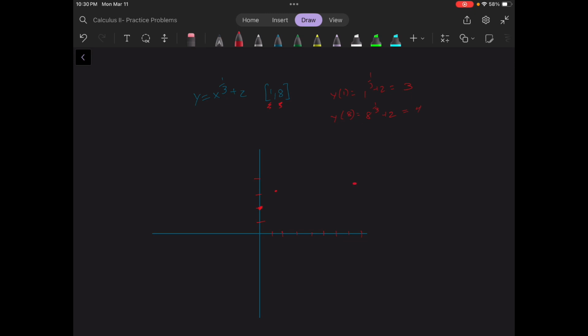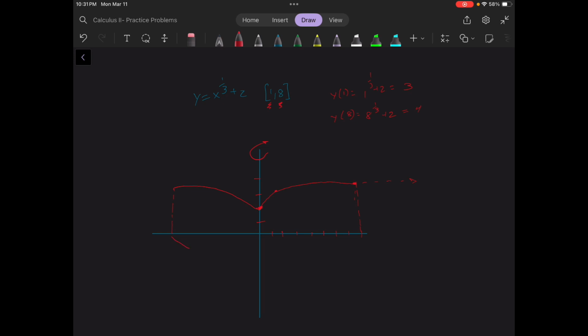So you can kind of see how this thing grows, almost like a square root function, except a little bit flatter. It's going to keep going. It's not perfect, but it'll do. We're going to revolve it around the y-axis, which means it's going to make something like that. And we're also going to include all of this area under it.